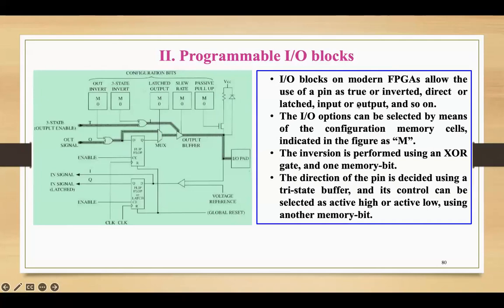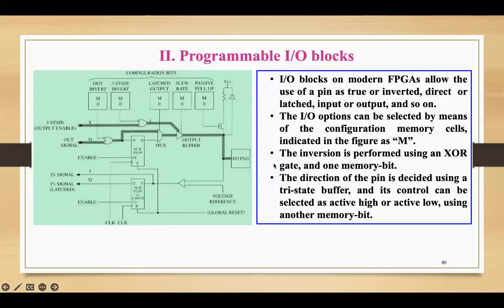The IO blocks on modern FPGAs allow the use of a pin as true or inverted. You just have two options there, 0 and 1, direct or latched. When I say direct, it means whatever input is coming, it takes. When I say latched, it holds on to the same value, just like stuck at 1 and stuck at 0. The IO options can be selected by means of configuration memory cells.